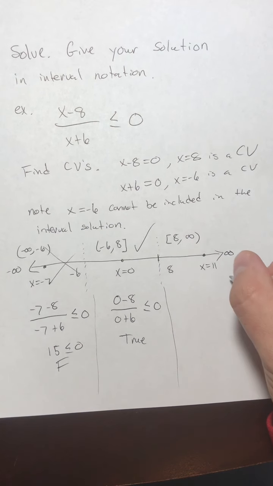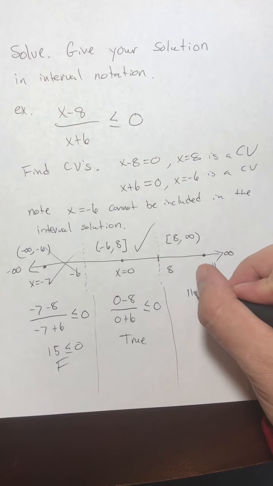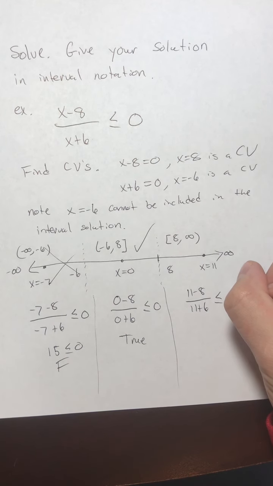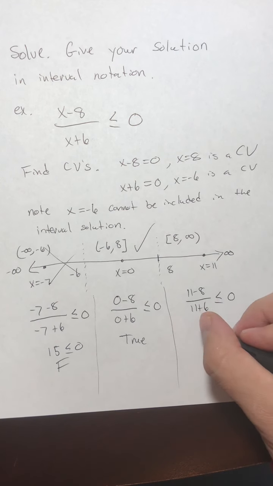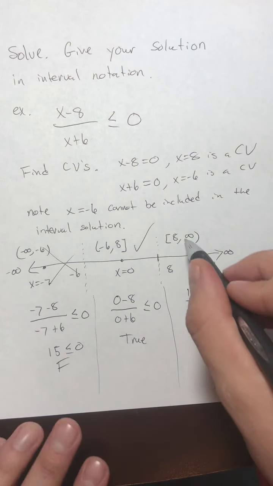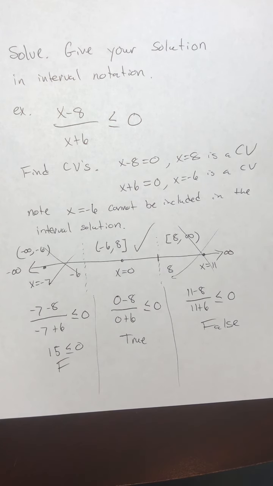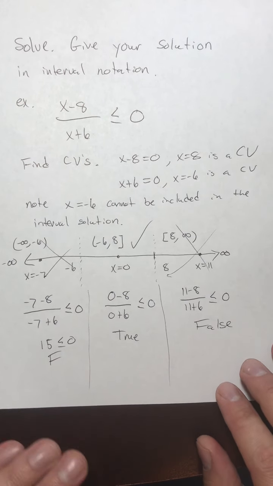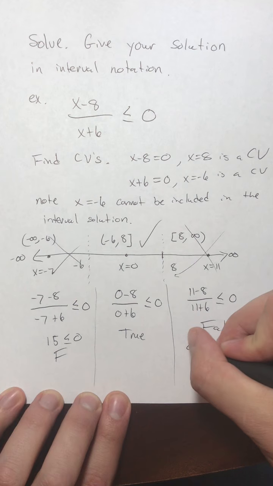Over here I chose 11 as a test point, so 11 minus 8 over 11 plus 6. That is going to be a positive number. A positive number is not less than or equal to 0, so bracket 8 to infinity is not part of the solution. Now we've tested it, we've taken care of all the intervals, we write our answer.